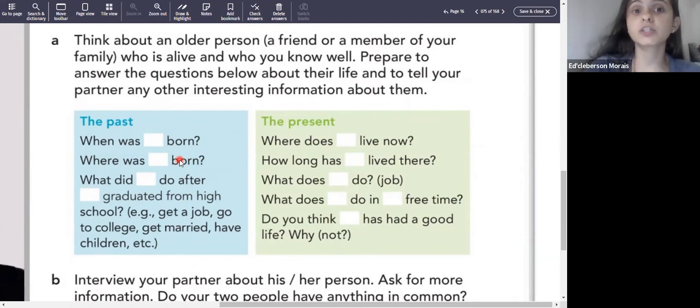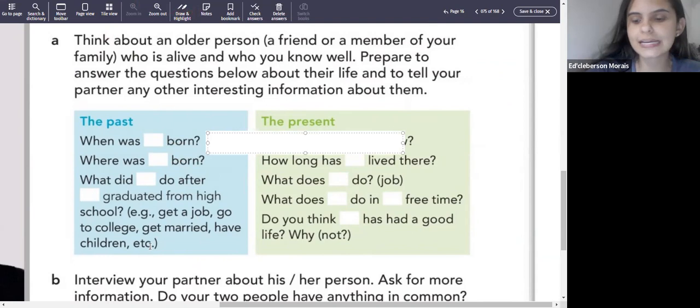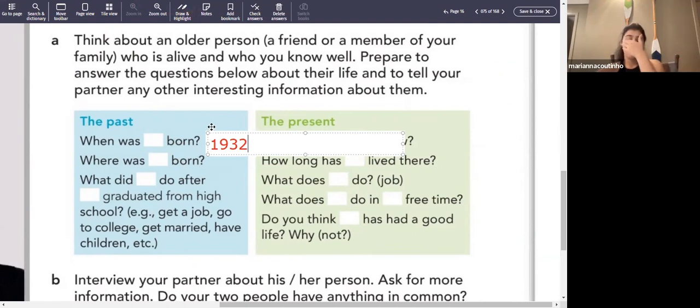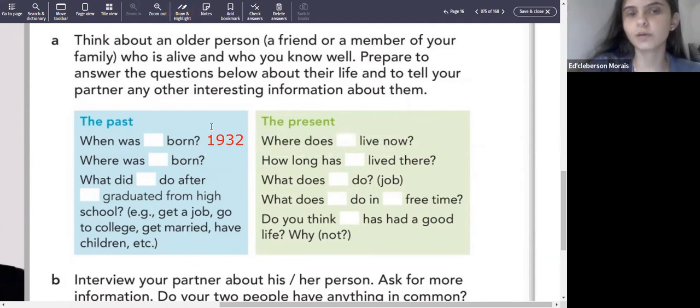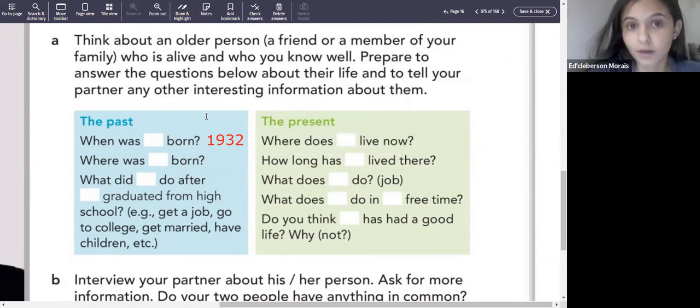For example, I'm going to talk about my grandmother, okay? My grandmother, she was born in 1932. What about your grandfather? When was he born? He's 64.